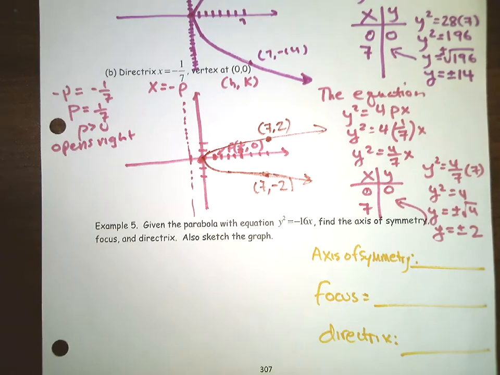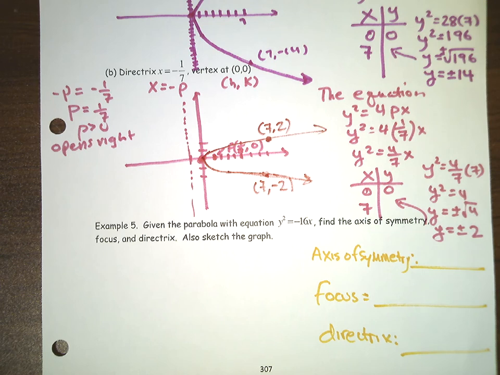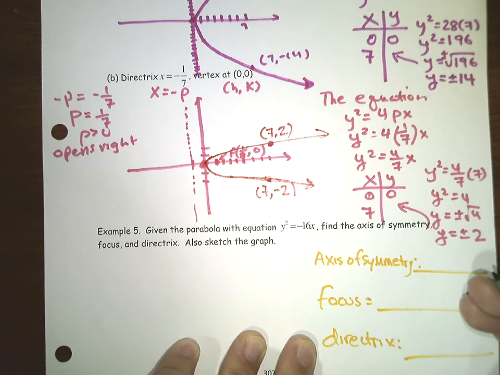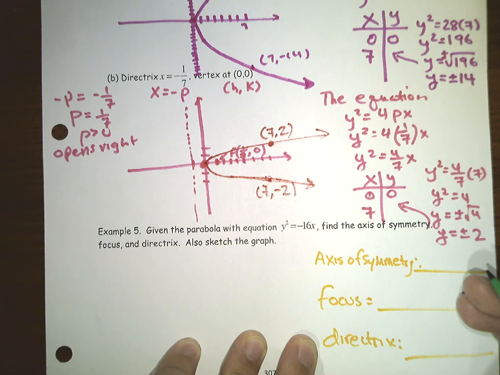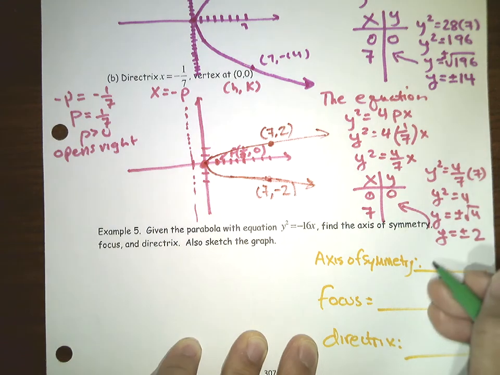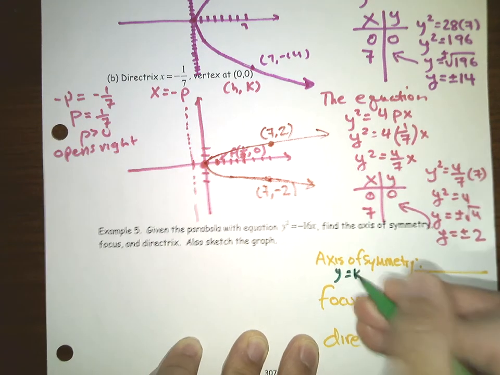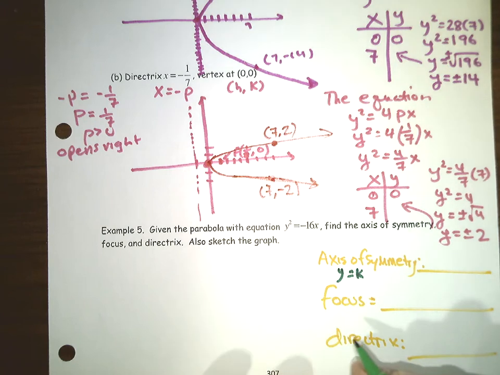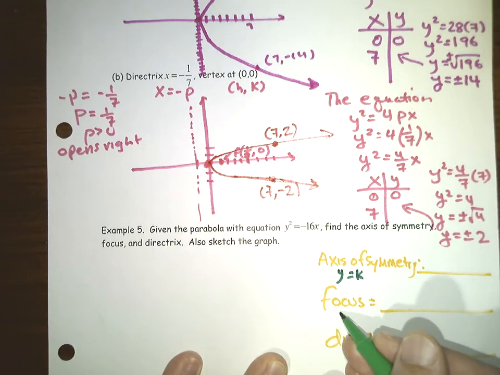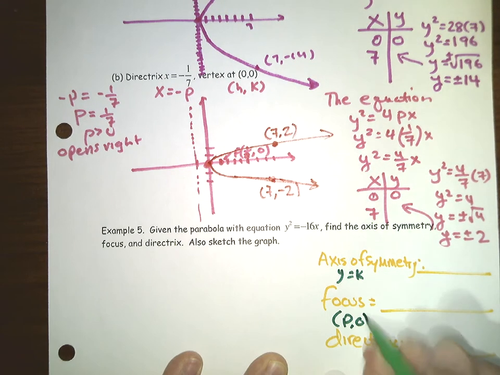All right, so remember that the axis of symmetry is going to be y is equal to k, and then the focus will be at p, 0, and the directrix will be at x is equal to negative p.